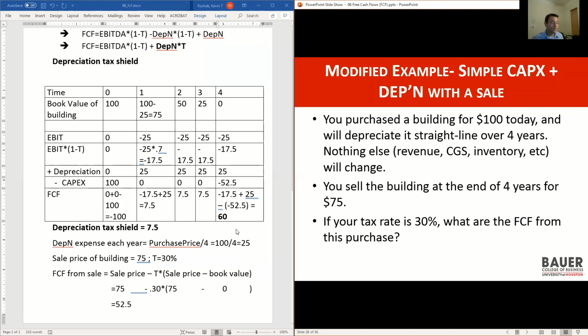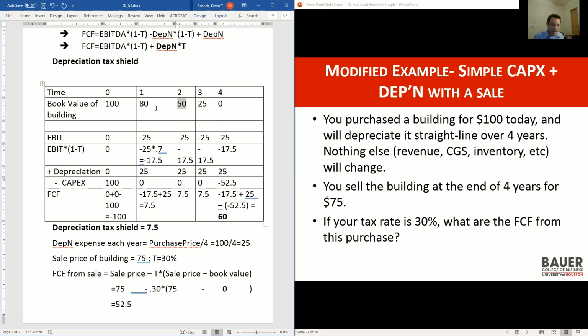Now you should note that the book value is not always going to be 0 when you sell it. This was a very simple example where we depreciated all the way to 0. But let's say you depreciate it straight line over 5 years instead of 4 years. What would happen to the book value? If you're depreciating $100 over 5 years, you're depreciating $20 per year.